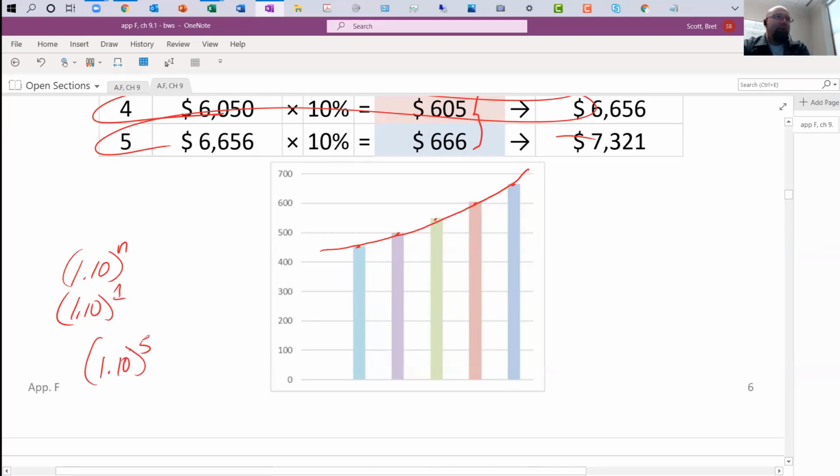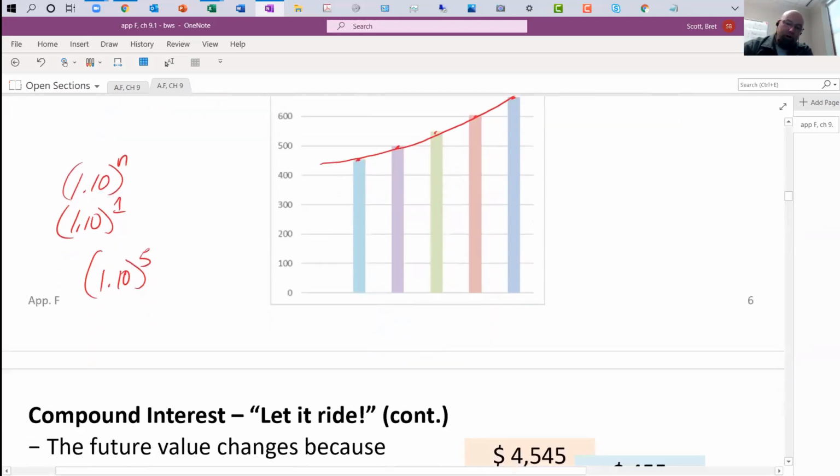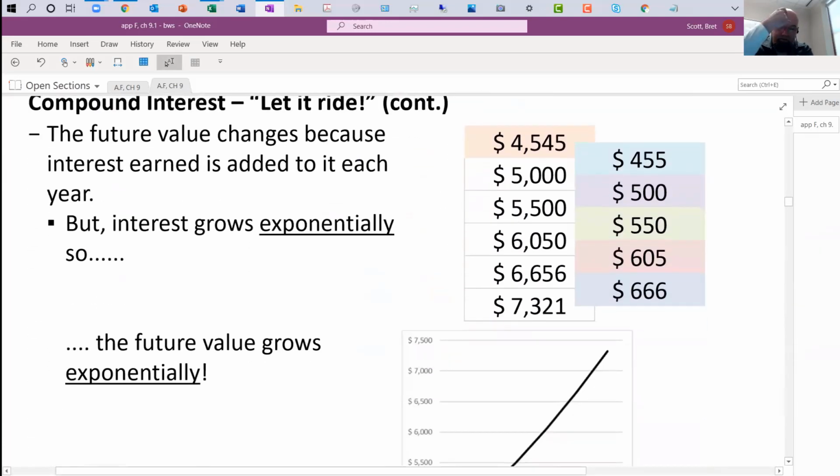So that's why it's exponential growth, because these things get multiplied by 1.1 and then 1.1 and then 1.1 every single time we reinvest it. The overall effect is exponential growth in interest. And if that interest is added to the investment, then the overall future value is growing exponentially.